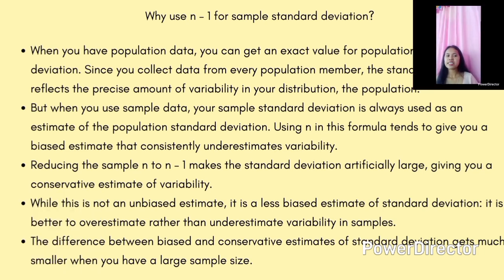While this is not an unbiased estimate, it is a less biased estimate of standard deviation. It is better to overestimate rather than underestimate variability in samples. The difference between biased and conservative estimates of standard deviation gets much smaller when you have a large sample size.